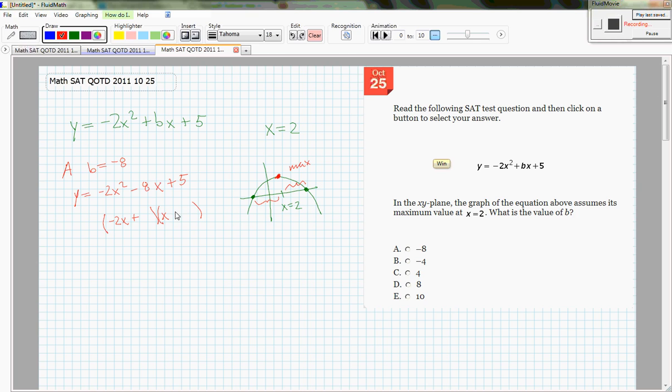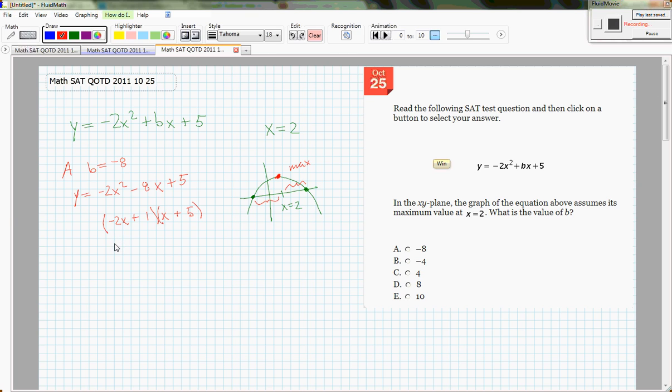So if I said this was 5 and 1, I think I get this right? Minus 2x squared plus 1x minus 10x is minus 8x plus 5.